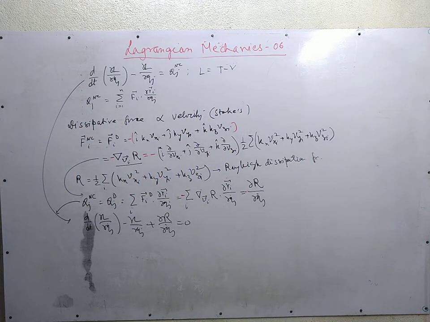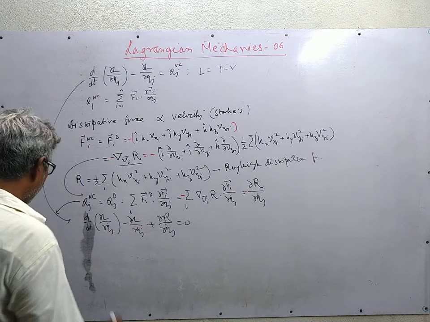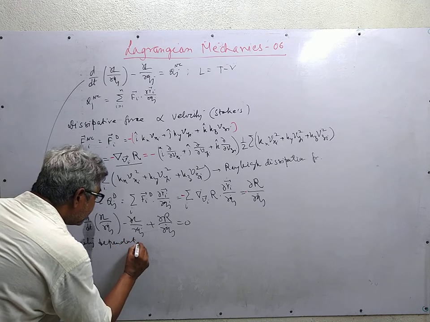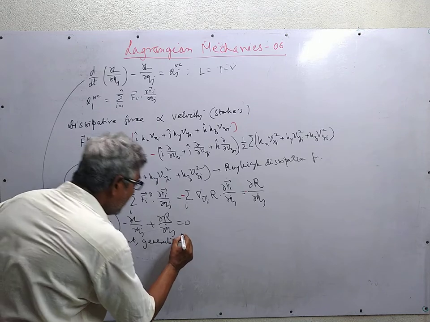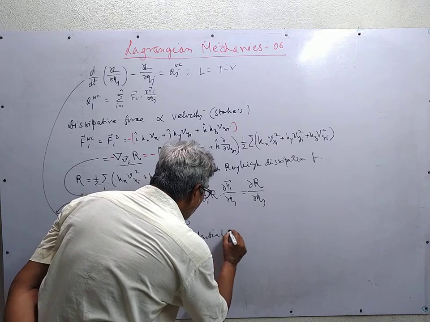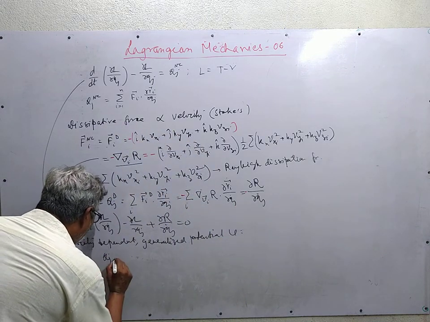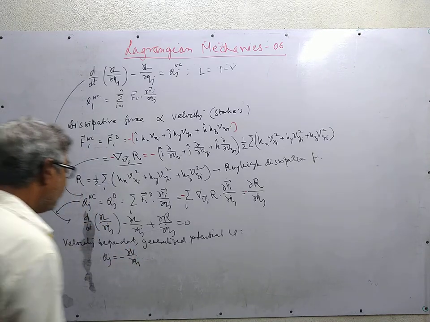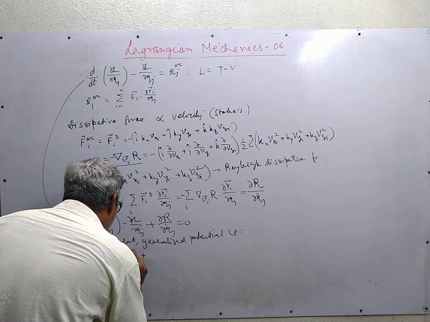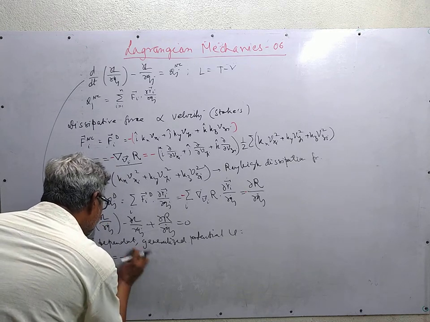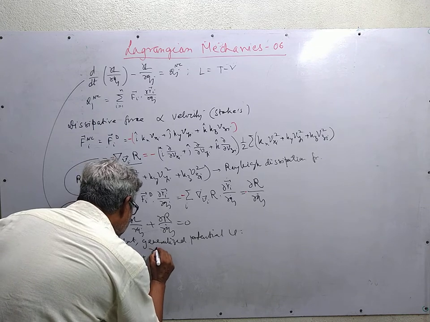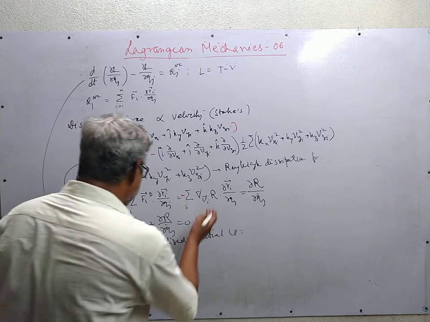One may also define a velocity dependent generalized potential U, such that the total force acting on the system is given by minus del V del Qj, which takes care of the conservative part, plus del R del Qj dot, which takes into account the dissipative force.